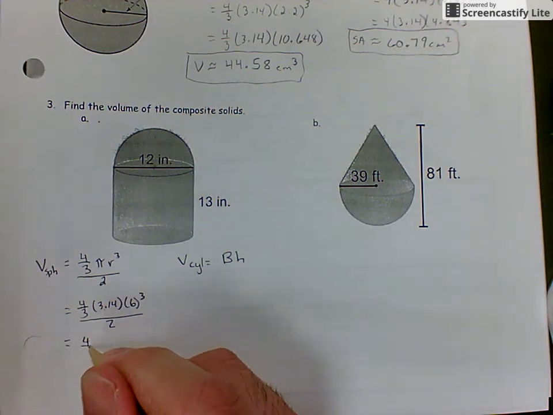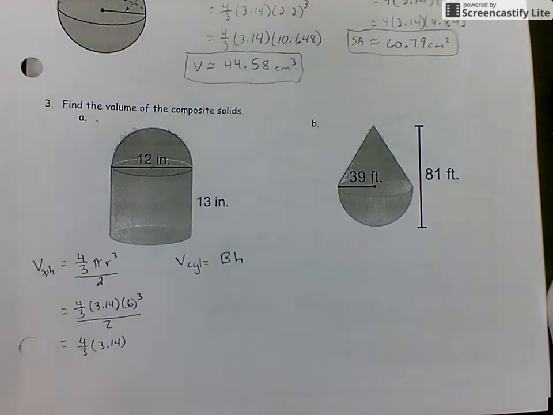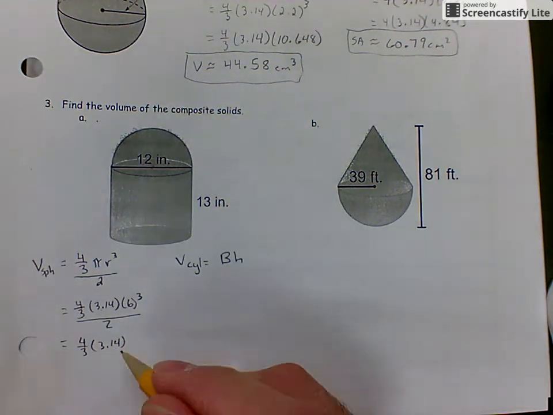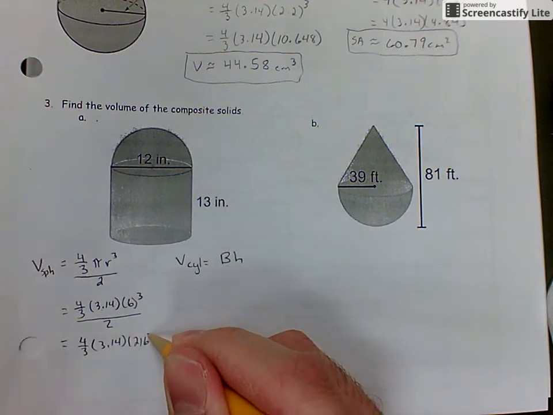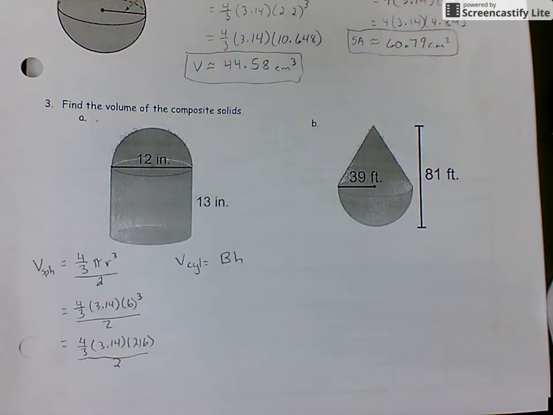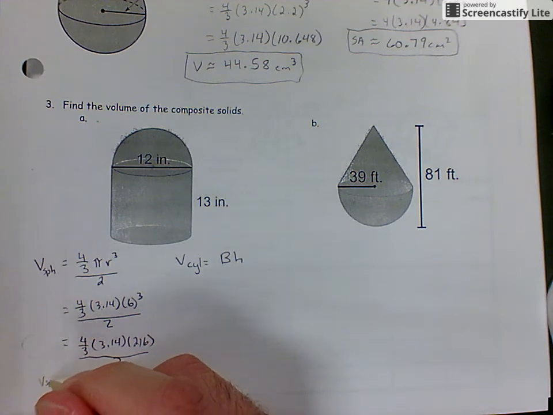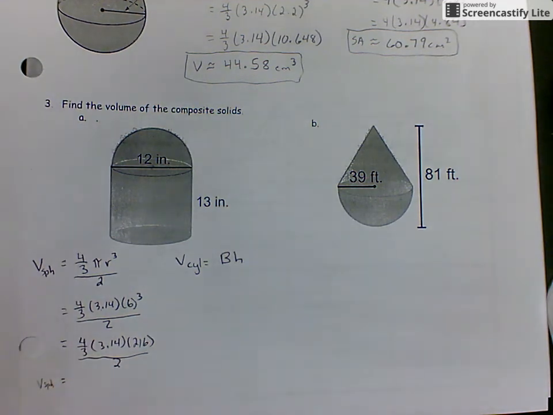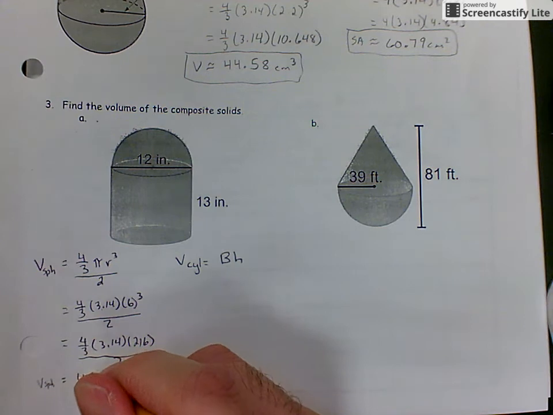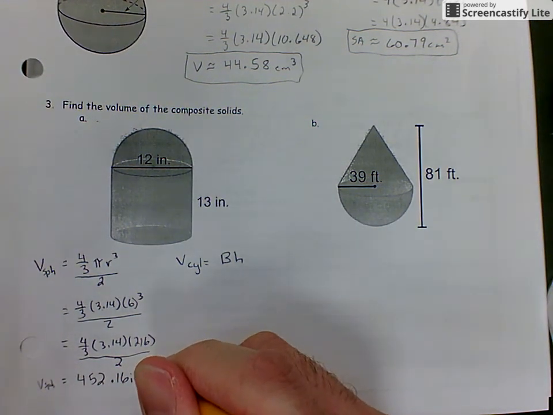So let's do 4/3, do order of operations, and get that 6 cubed is 216. All right, let's plug it into our calculator, get the volume. And so for this whole volume of the half sphere, 452.16 inches cubed.